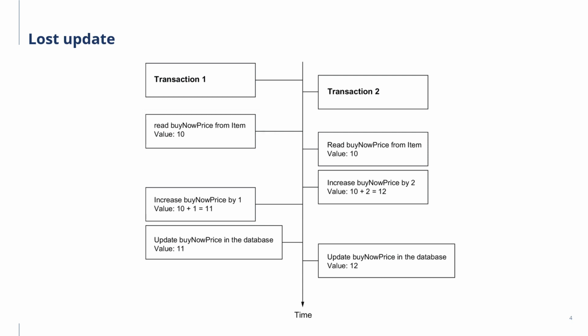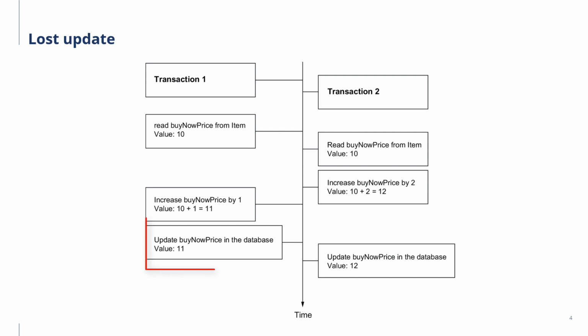The other transaction that is concurrent will say, okay, the buy now price is 10 and I will increase this buy now price because I'm providing another offer. It's 12. The first transaction will continue and will say, oh, I know that the last buy price is 10, so I will increase it to 11.